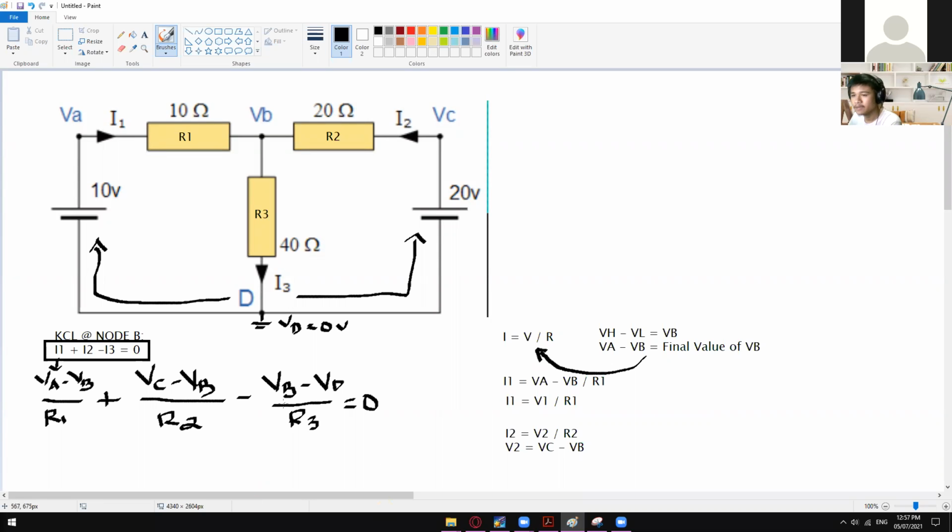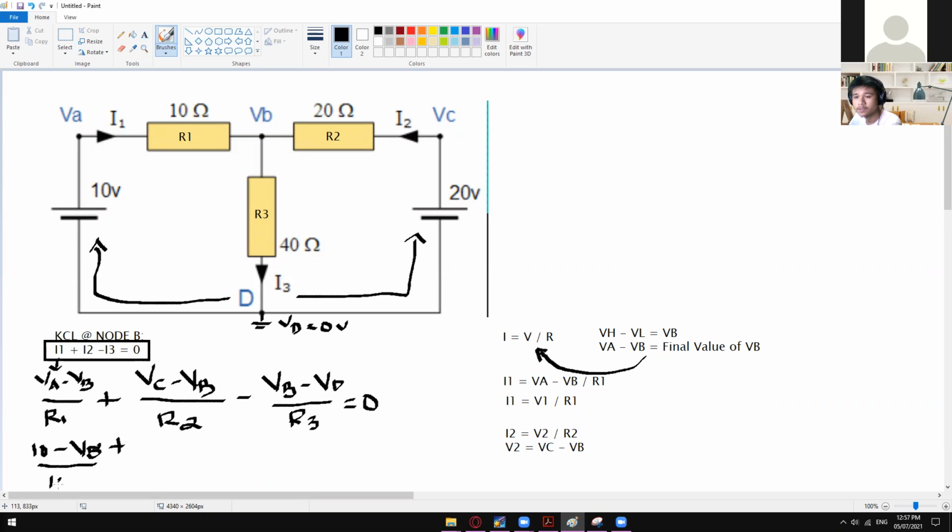After having this, you can now place the corresponding values of those variables. In here, we have VA equal to 10 volts minus VB, we don't know the value of VB yet, divided by R1.